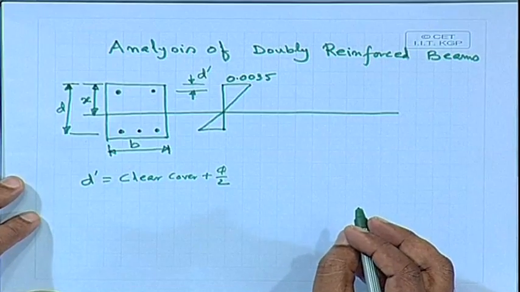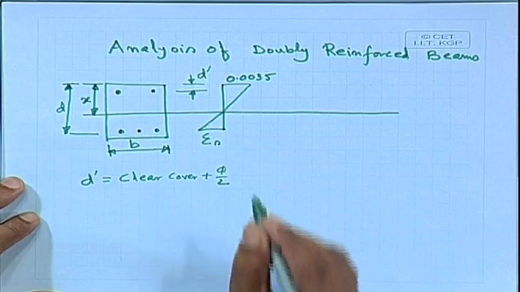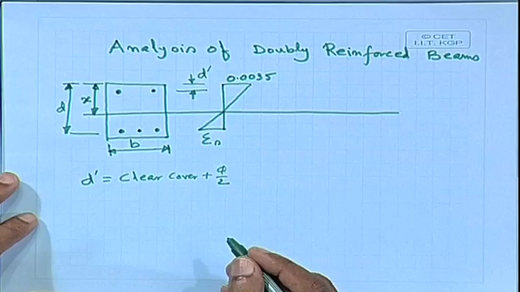Our interest here, this is epsilon s. Our interest here, we can divide it into two parts. One that I have already told, one that singly reinforced section plus you supplement with steel in the compression side as well as in the tension side. We shall get the curve.